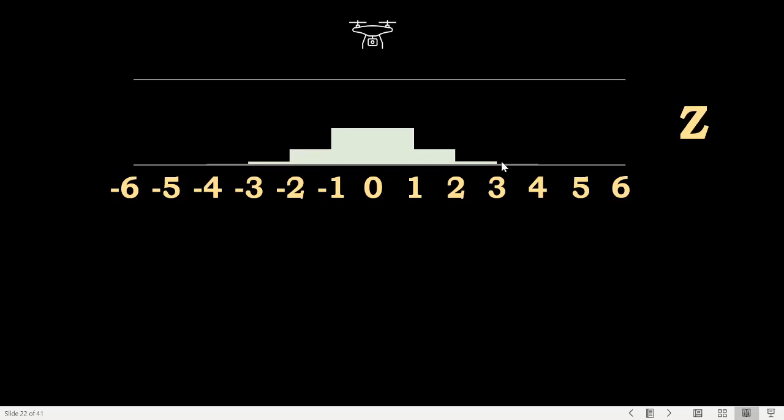Beyond that, the population in those areas is very, very small and possibly negligible. So obviously, in parts that have more population, there is more chance that the drone will land there.